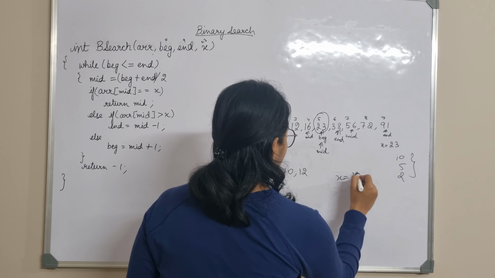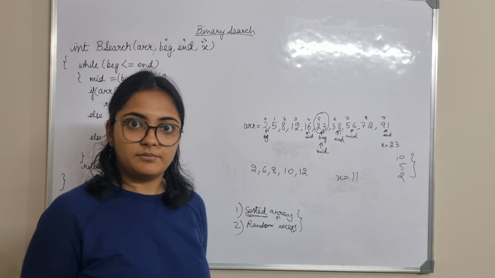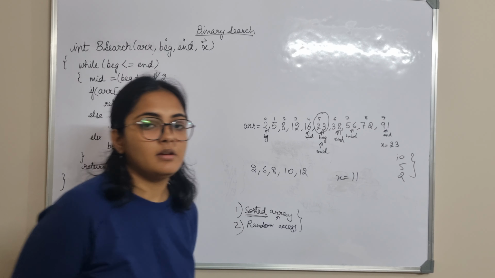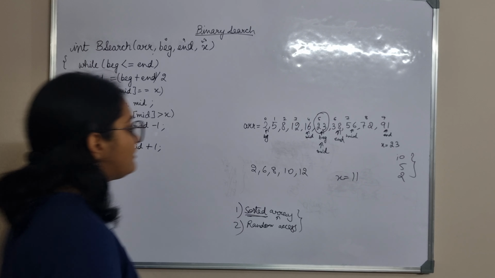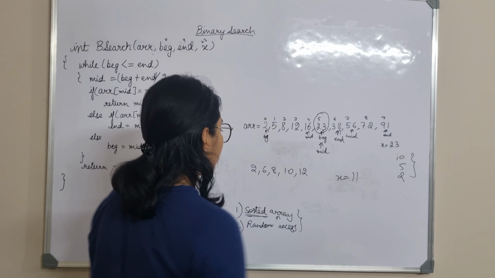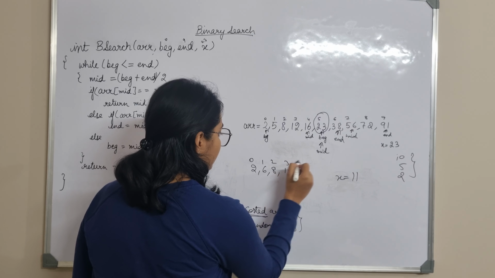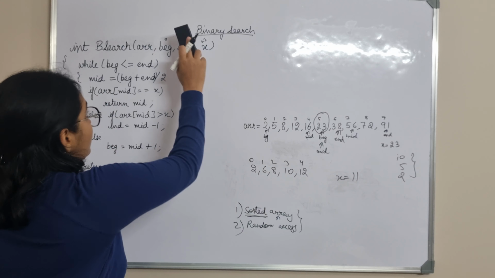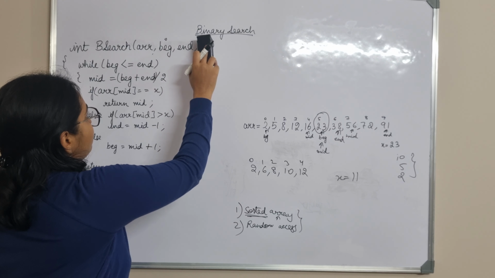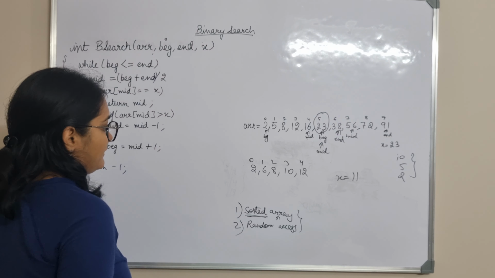So it's indices 0, 1, 2, 3, 4. Beginning is 0, end is 5, and x is 11.